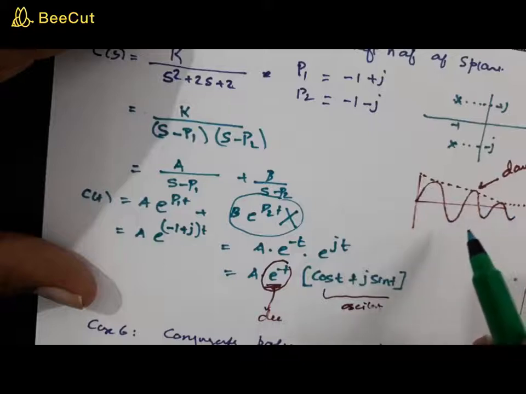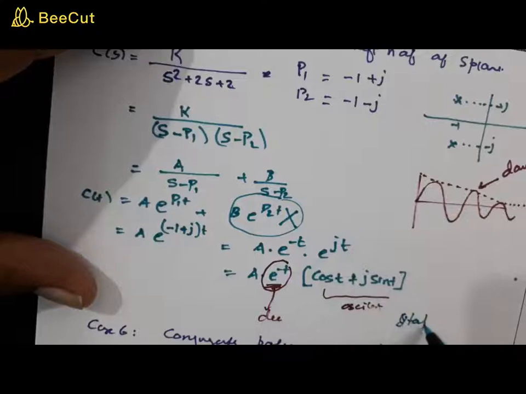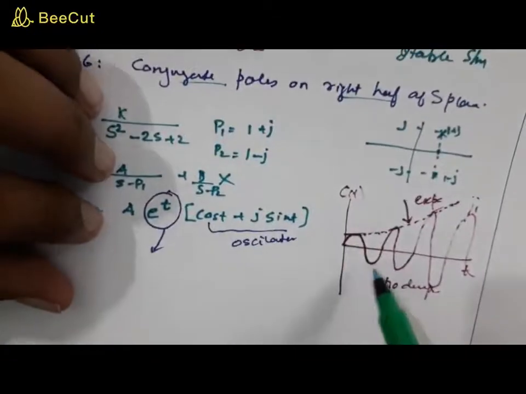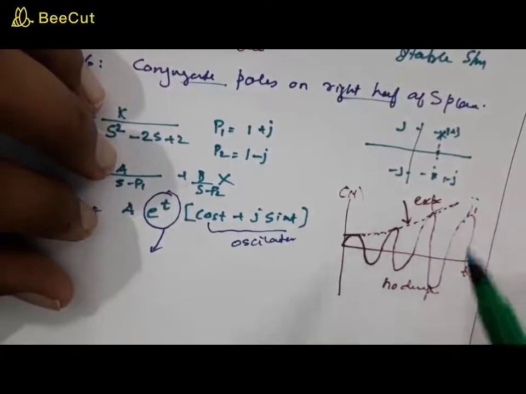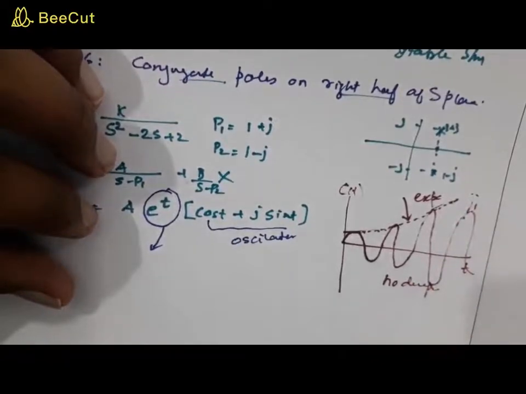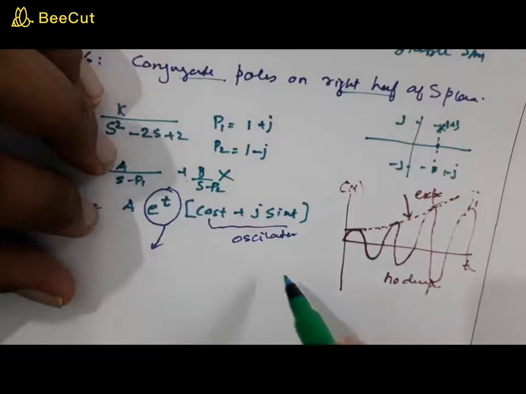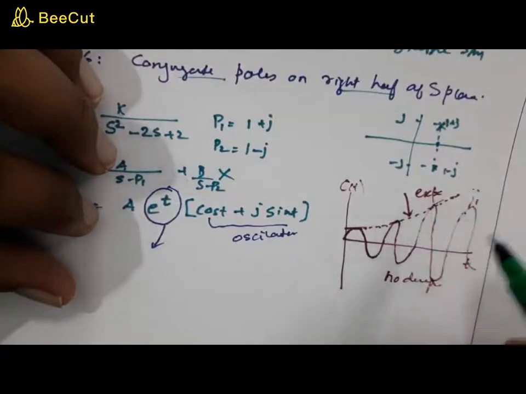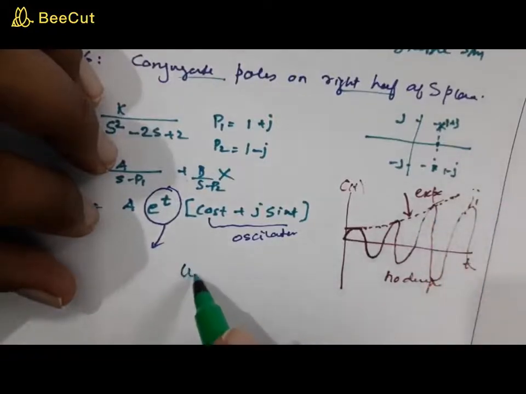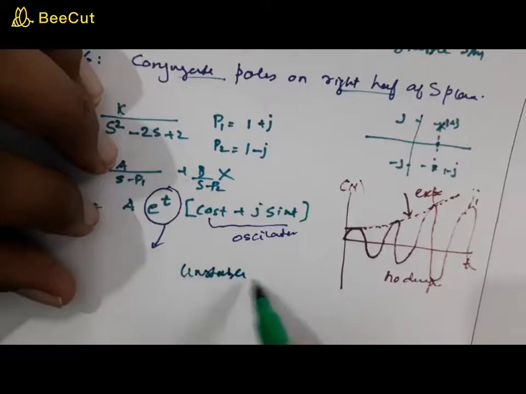So you can come to the conclusion that this denotes a stable system. While what about this? The output is exponentially increasing, the oscillation increasing. From the stability or control point of view, the output of that system keeps on increasing without any control. So this is a case of an unstable system.